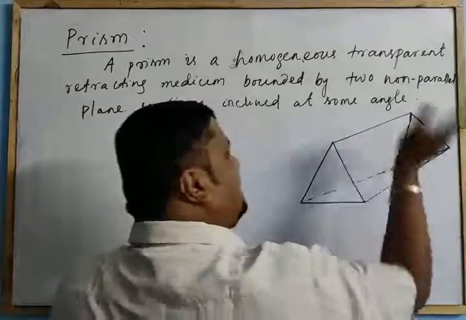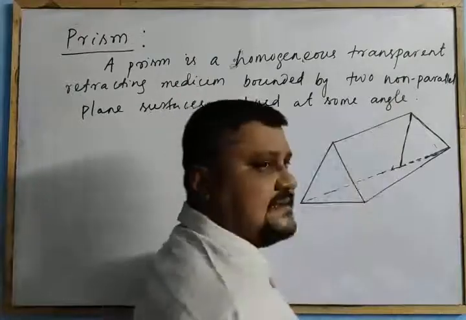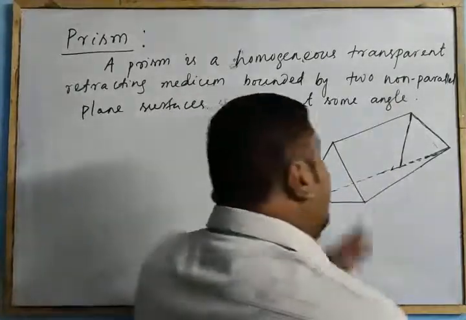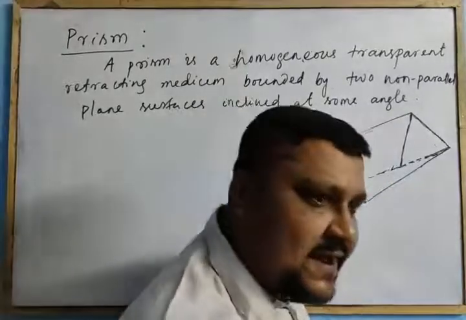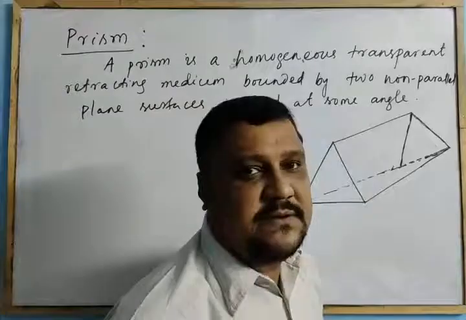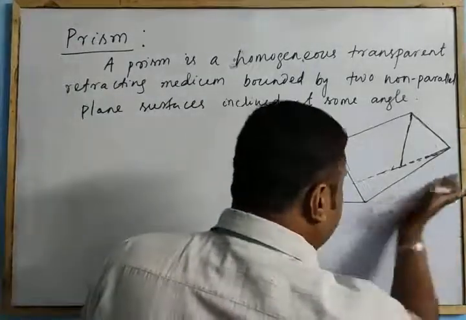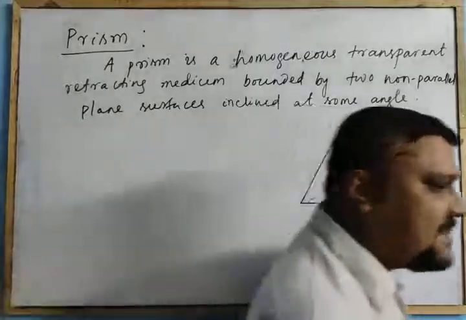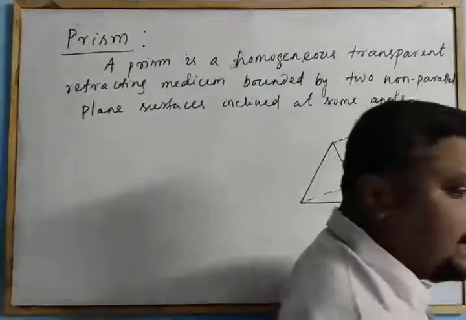One is on this side, the other is on the other side. These surfaces are called refracting because the light ray enters and emerges from these two faces. These are called refracting faces. And this portion is called the base of the prism. Clear?